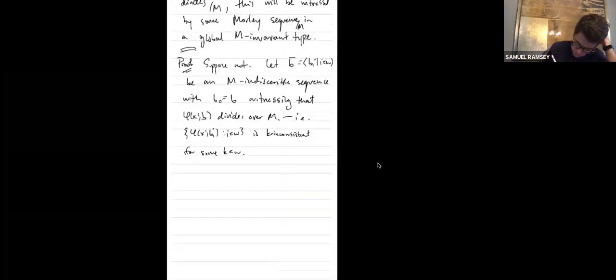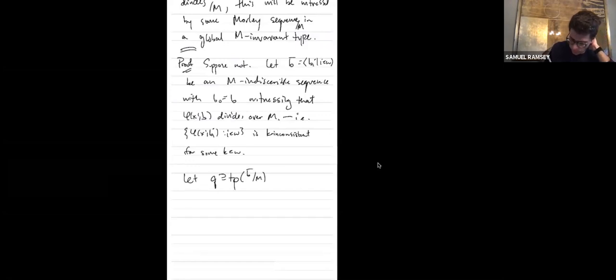Now, what we will do next is we will let Q, extending the type of B bar over M, be a global M invariant indiscernible type. And we know that these exist by the lemma we just proved.